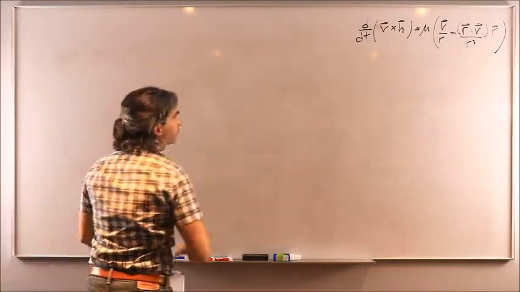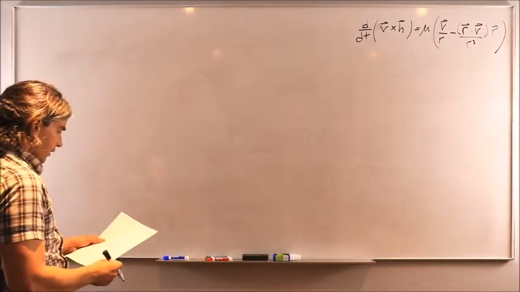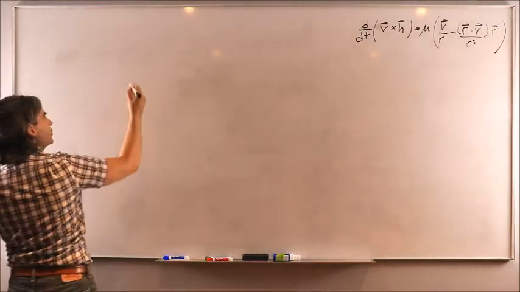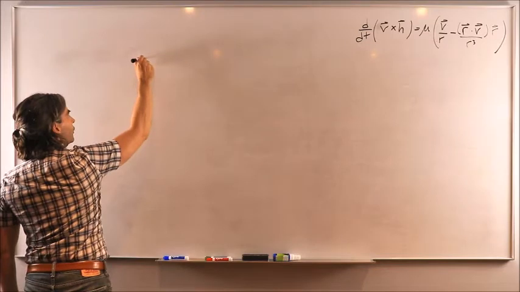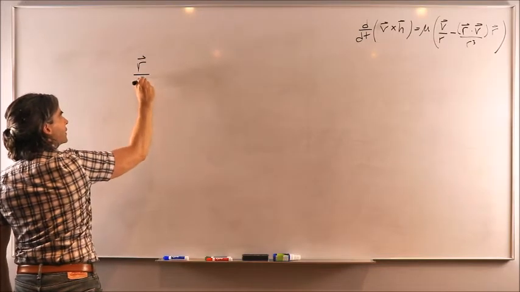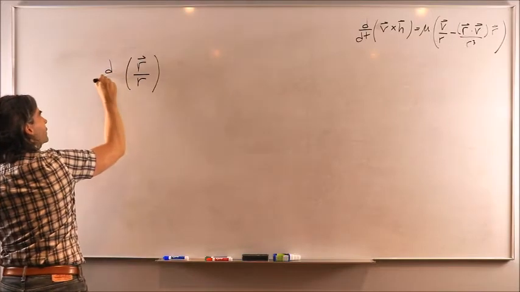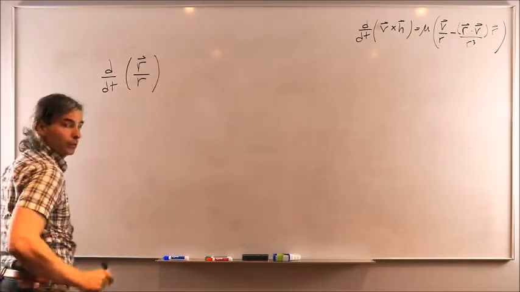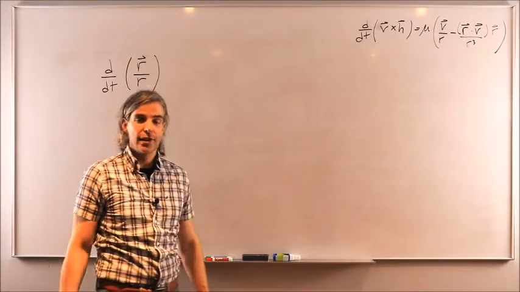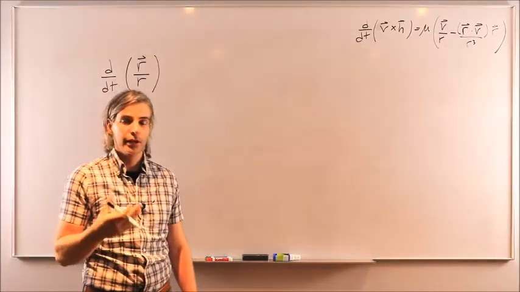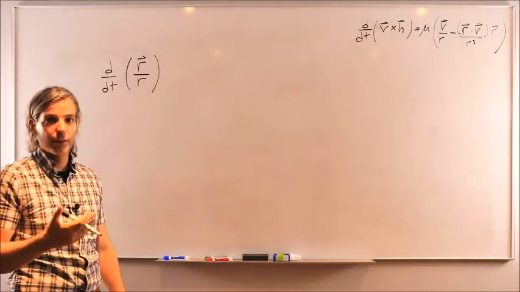Okay? So, what we're going to do next is to take the ratio of position vector over distance, and furthermore take the time derivative of that. Why? Because that's the process of showing or proving that the eccentricity vector is being conserved or is time independent.